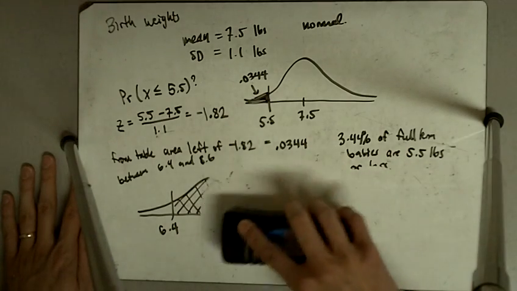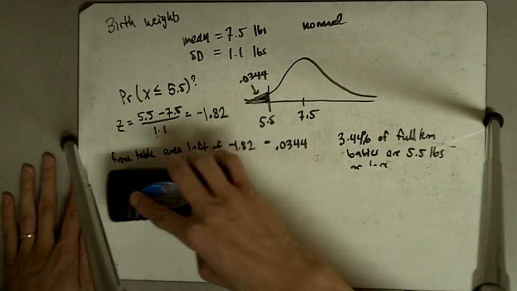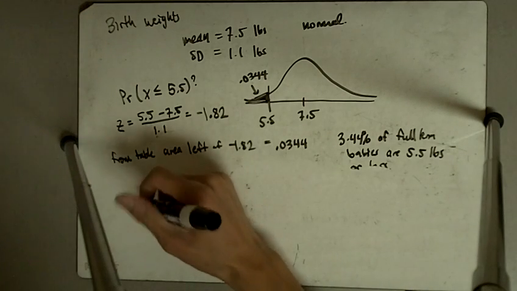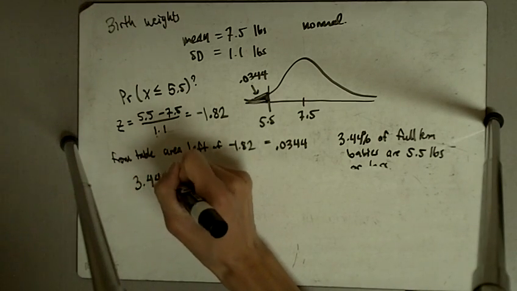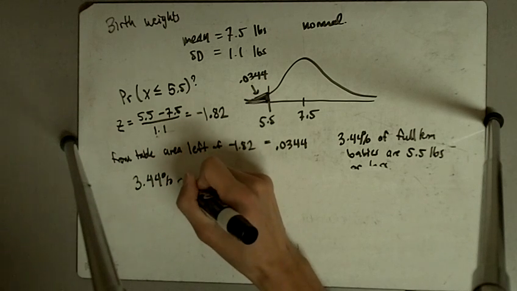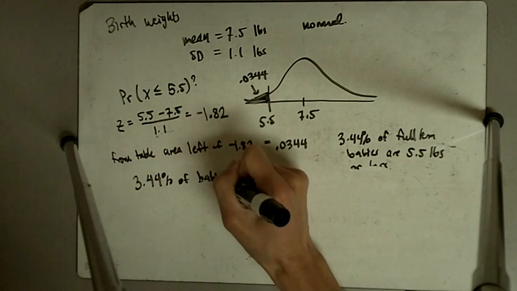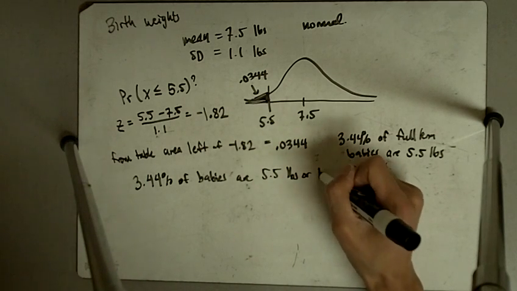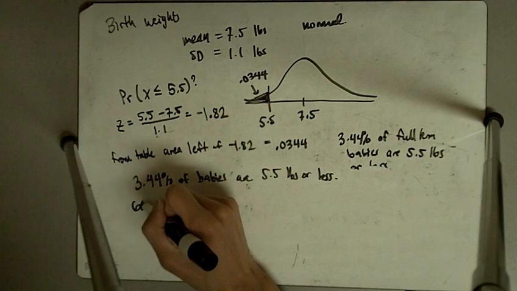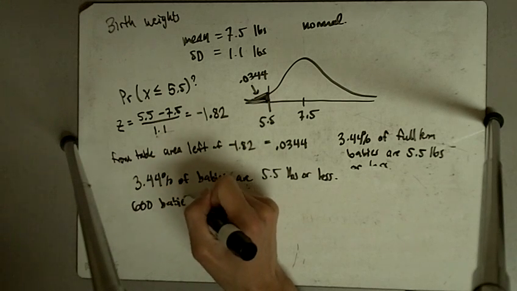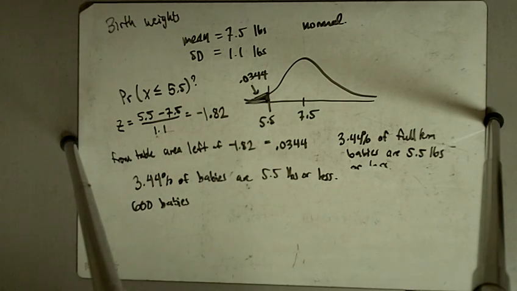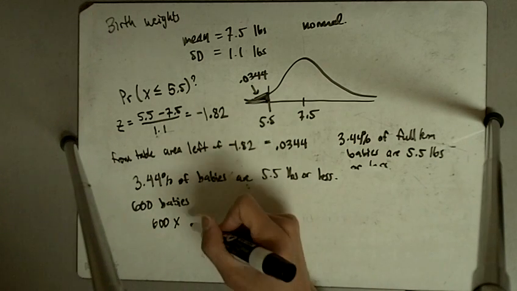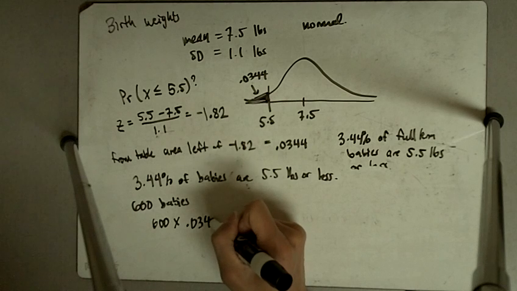And this uses our answer from part A. We said 3.44% of babies born are 5.5 pounds or less. So if we have 600 babies and we expect 3.44% of the 600 babies, we would just do 600 times 3.44%, which is 0.0344.